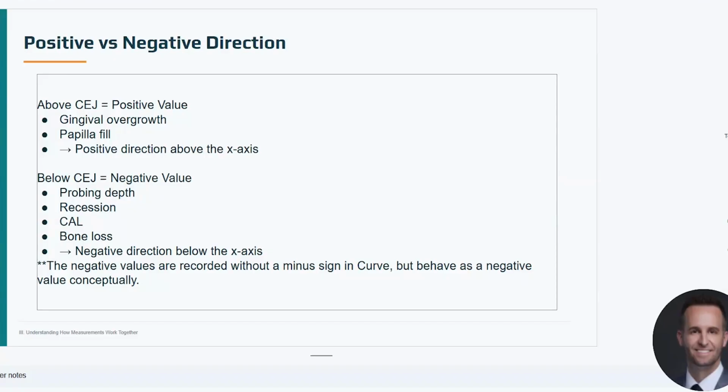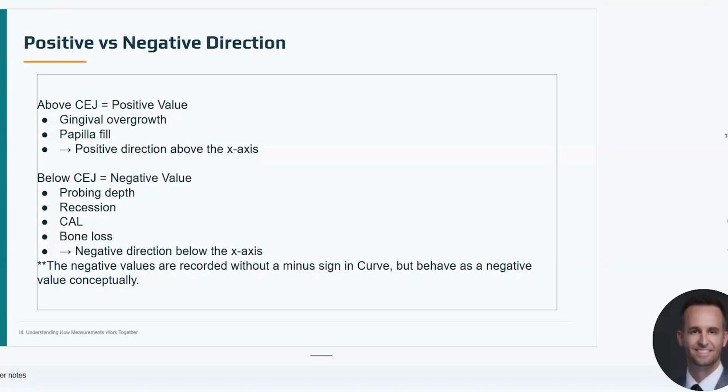Now this is confusing, and this is part of the reason I want to do this, to help us understand how to interpret all of these things in Curve, because the negative values are recorded without a minus sign in Curve, but they behave as a negative value conceptually.